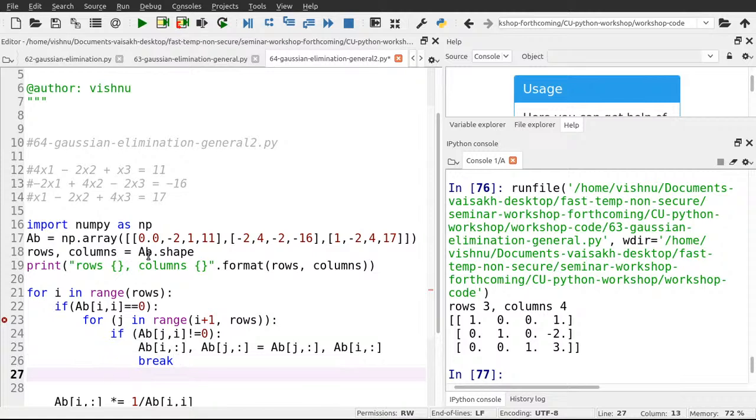But if this is not happening, then what? Not happening means that you are unable to interchange. You are not able to do anything. So in such a case, it essentially means that you don't have any other rows to solve. So else, meaning the interchanging and break is not happening, you should come out of the entire for loop.